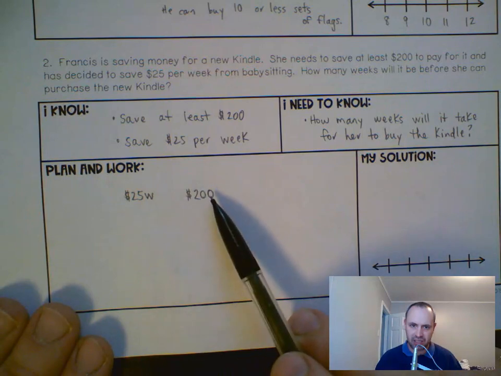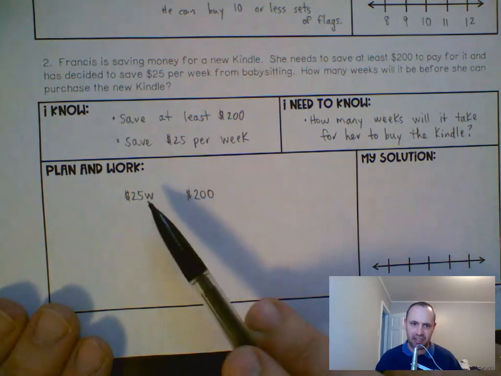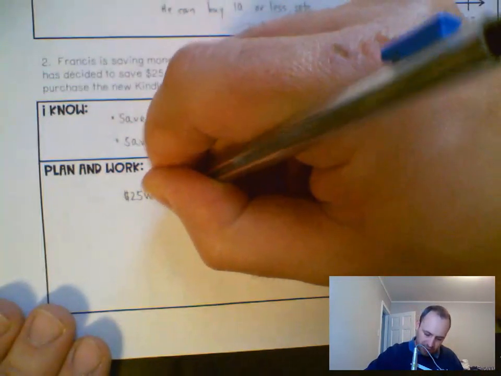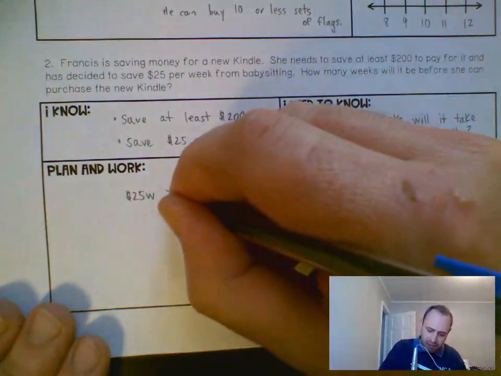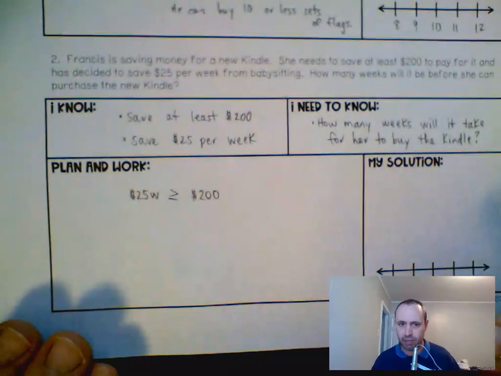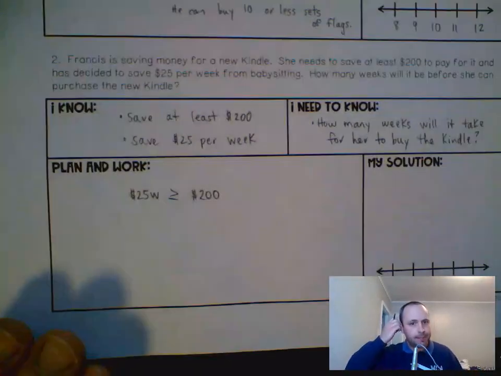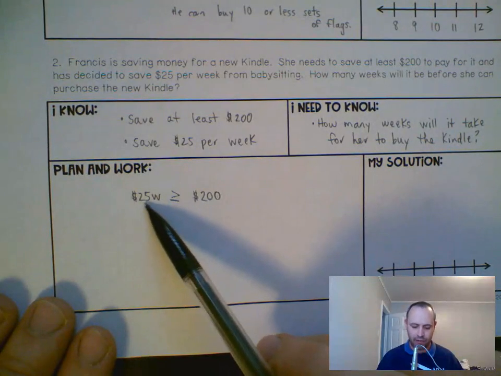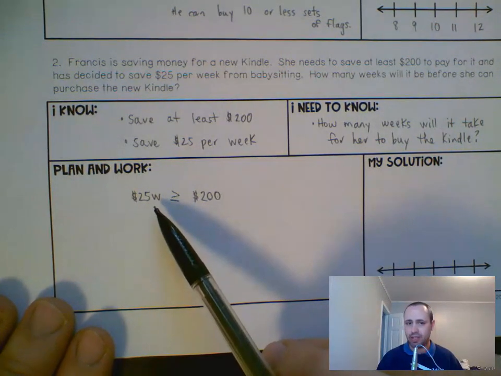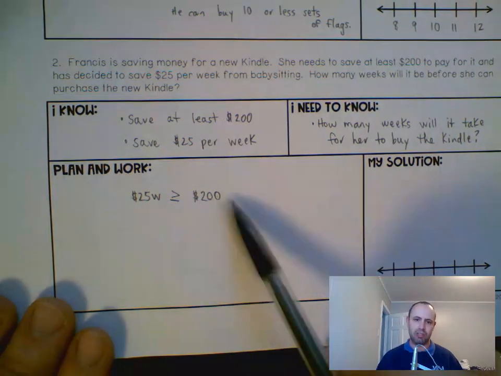Since she has to save at least that, this side has to be more. But it could also be equal to 200, because she could just save straight up 200 and she'd be fine. So in this case, 25W, 25 times the mystery number of weeks, is greater than or equal to 200.